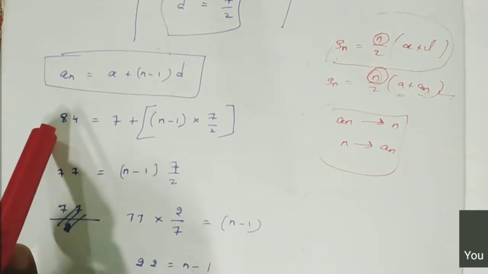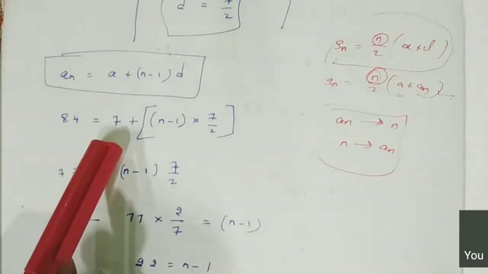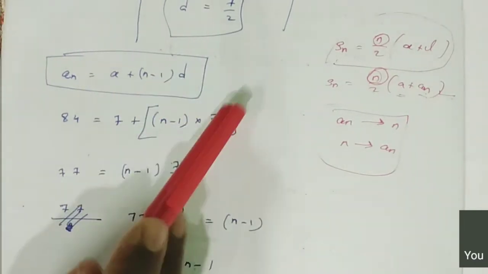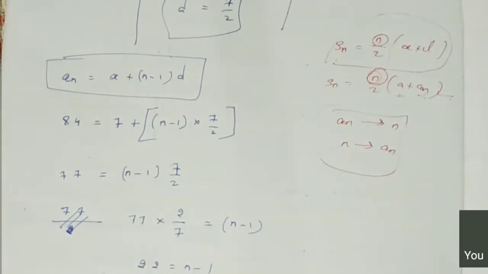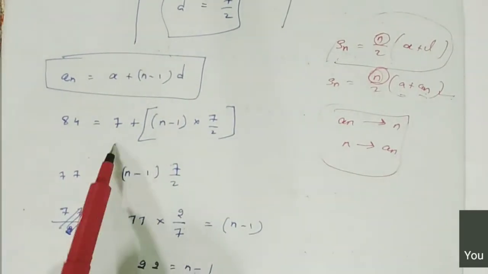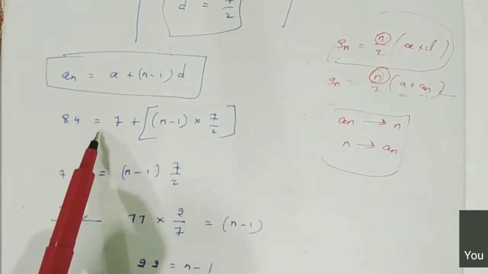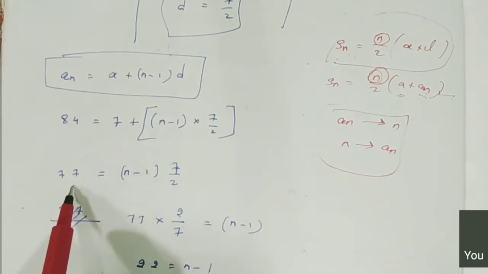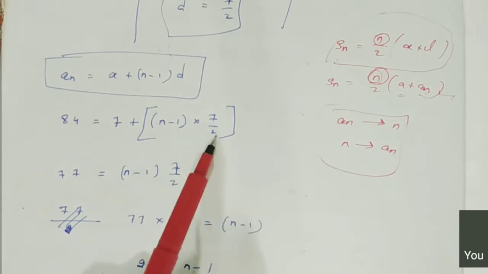So 84, that is the an value, equal to a, the first term, that is 7, plus n minus 1 into the d value, 7 by 2. Next, now we can transpose the plus 7 to the left hand side, it becomes minus 7, right? So 84 minus 7, what is it? 77 equal to n minus 1 into 7 by 2.